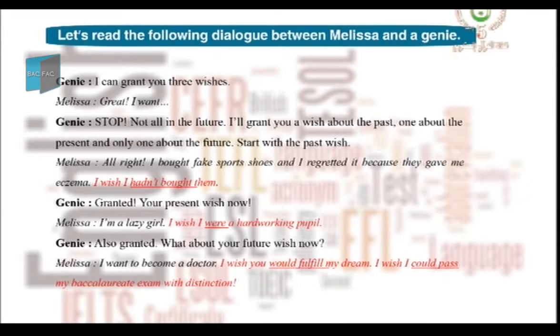I wish I hadn't bought them. Granted. Your present wish now. I'm a lazy girl. I wish I were a hard-working pupil. Also granted. What about your future wish now? I want to become a doctor. I wish you would fulfill my dream. I wish I could pass my baccalaureate exam with distinction.